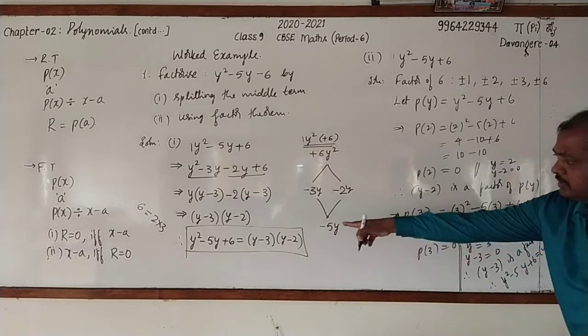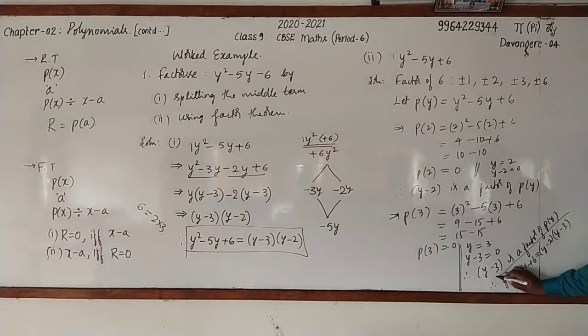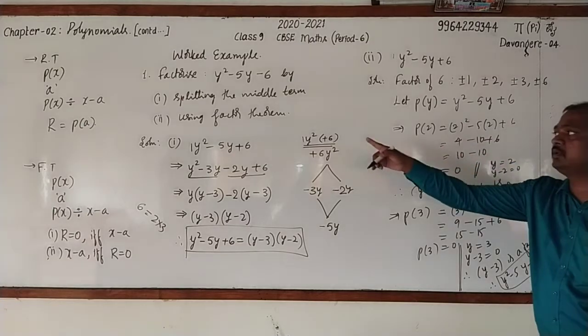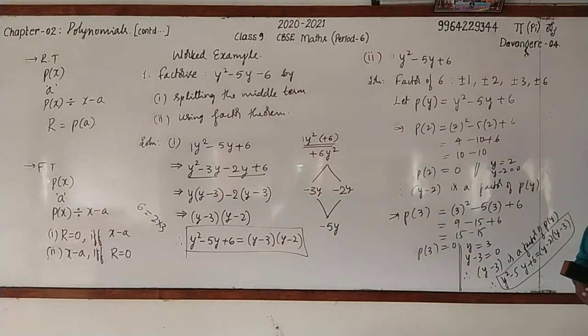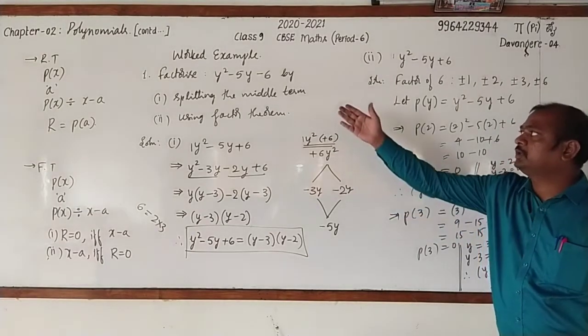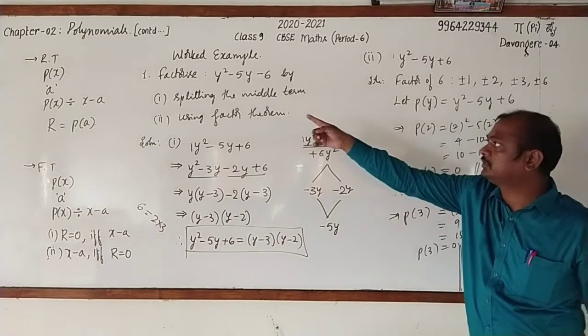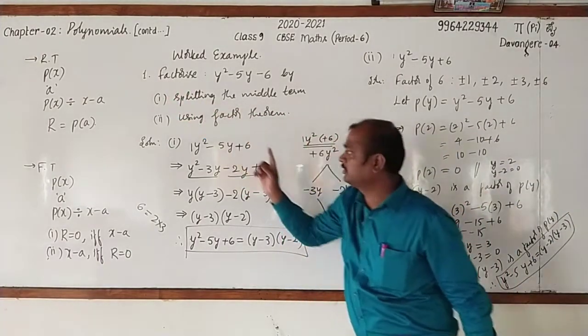Observe that, y minus 2 into y minus 3. This is the method of factorization by using the factor theorem. Got it? Yes. You may copy the same from here to here.